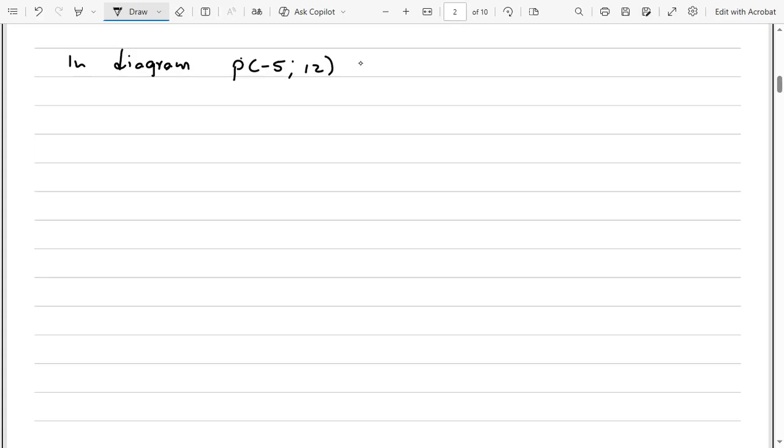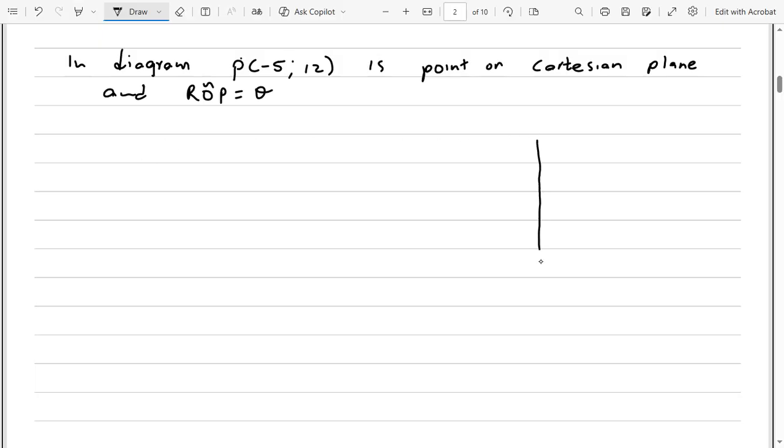And then they say this is a point on a Cartesian plane. And we are given theta, the angle ORP that's equal to theta. The diagram looks like this.